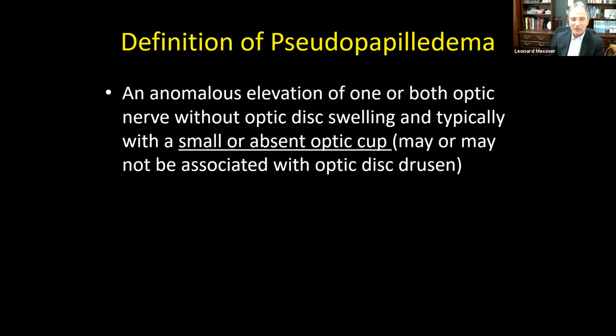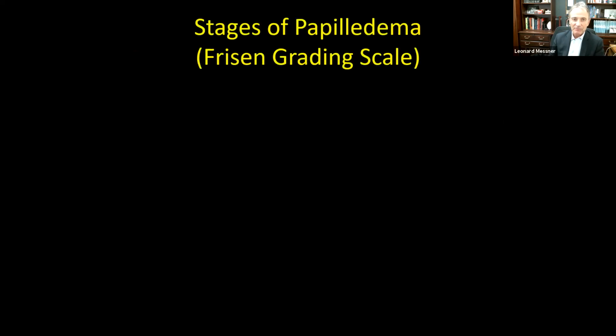So there's an anomalous elevation of one or both optic nerves without optic disc swelling, and typically with a morphology that shows a small or absent optic cup. And this may or may not be associated with optic disc drusen. More on optic disc drusen in a couple of minutes.